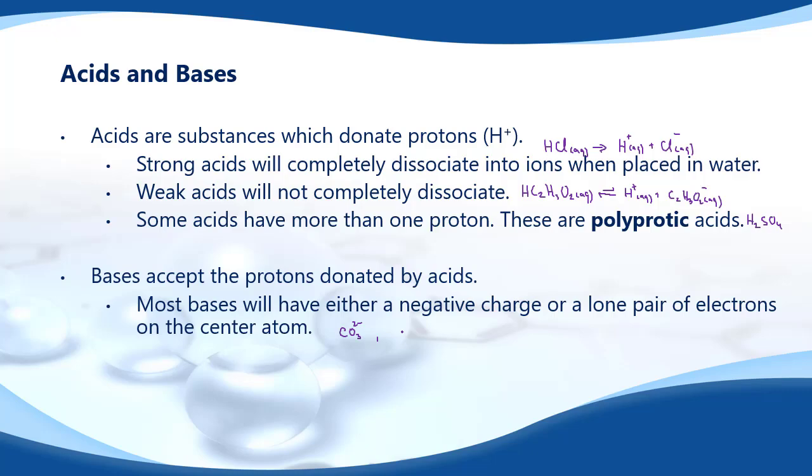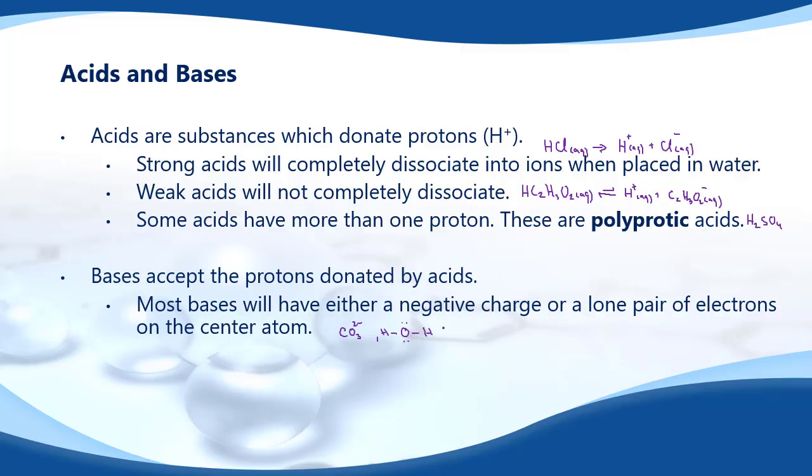Or a base has a lone pair of electrons on its center atom. For example, water can act as a base, because if I draw out the Lewis structure for water, the center oxygen atom has lone pairs on it. So it can accept the hydrogen by using this lone pair to bond with it. Or water could be an acid. You could break this bond and form H+ that way.